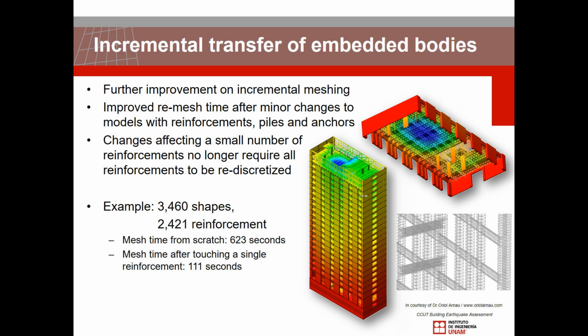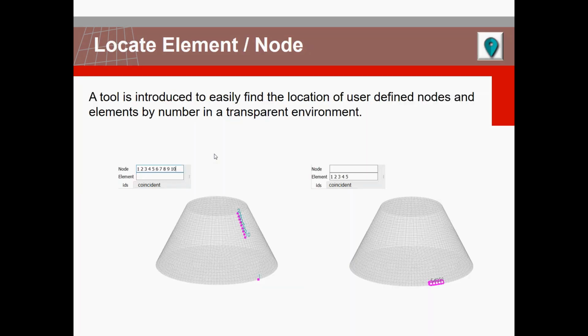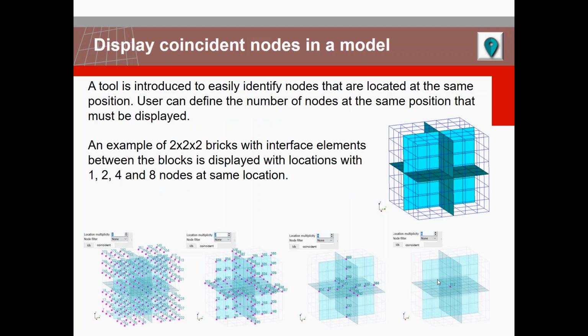There are additional icons, operations and tools available. One is to identify the nodes and elements with corresponding IDs in the model. So you have identification for the nodes or for the elements. Then you can easily see those highlighted nodes and elements with the corresponding labels in the model.